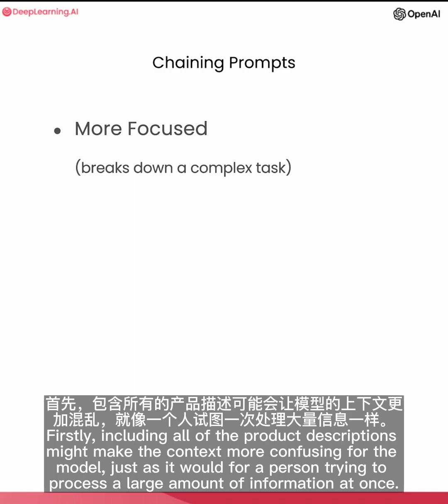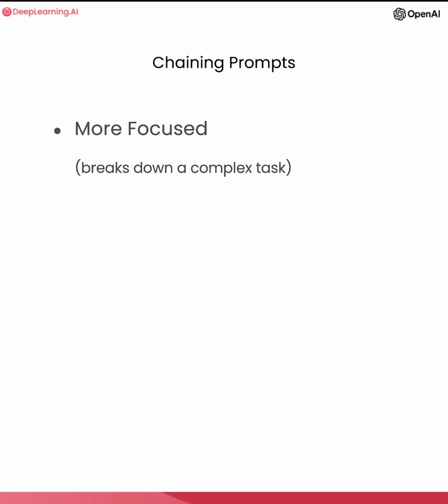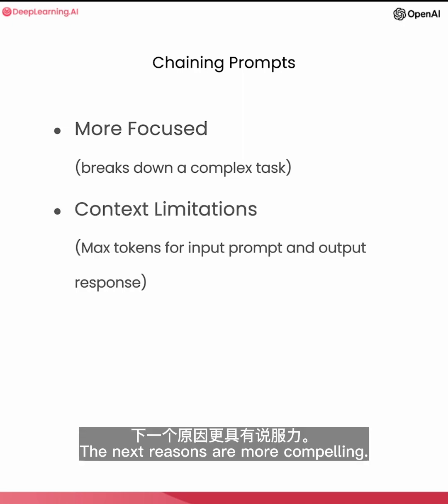Firstly, including all of the product descriptions might make the context more confusing for the model, just as it would for a person trying to process a large amount of information at once. I will say this is a lot less relevant for more advanced models like GPT-4, especially when the context is well structured like it is in this example, and the model is smart enough just to ignore the information that clearly isn't relevant.